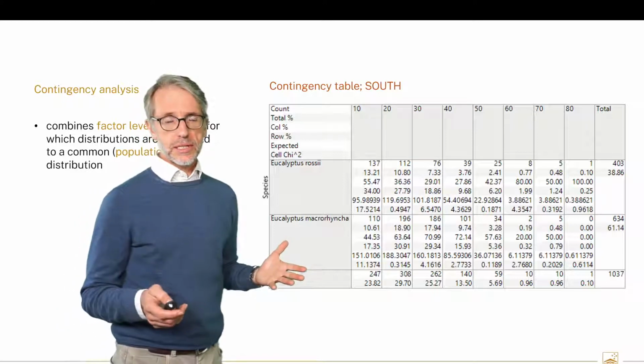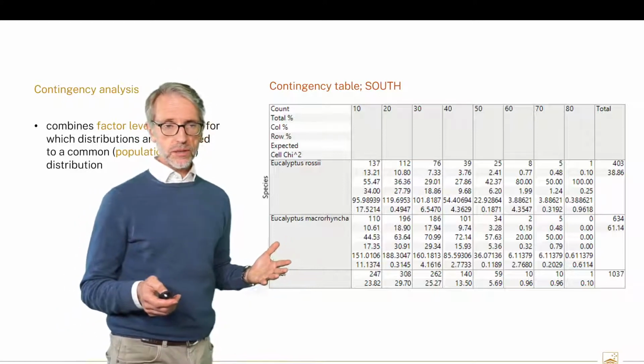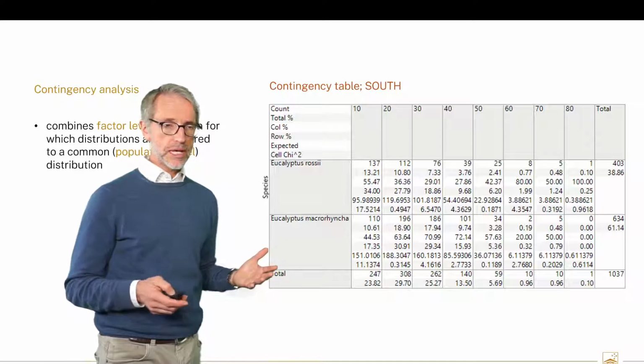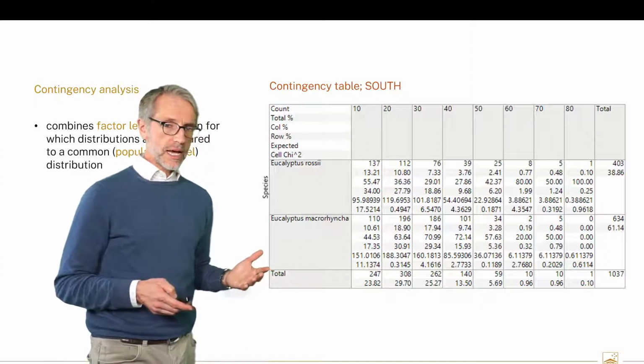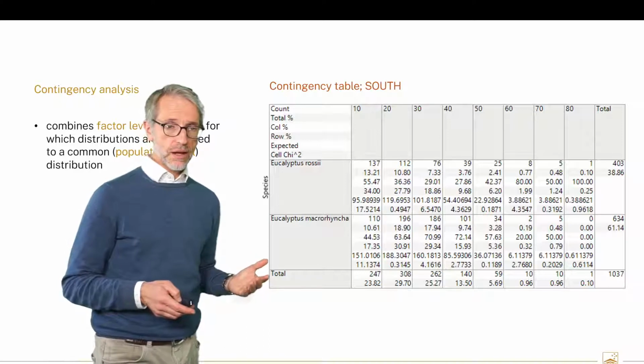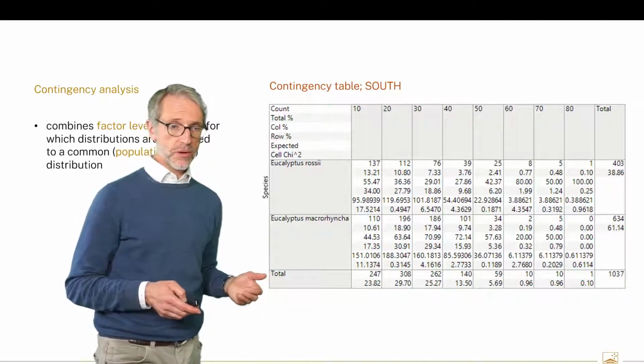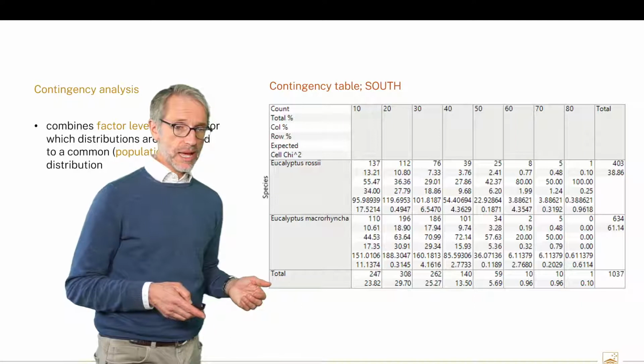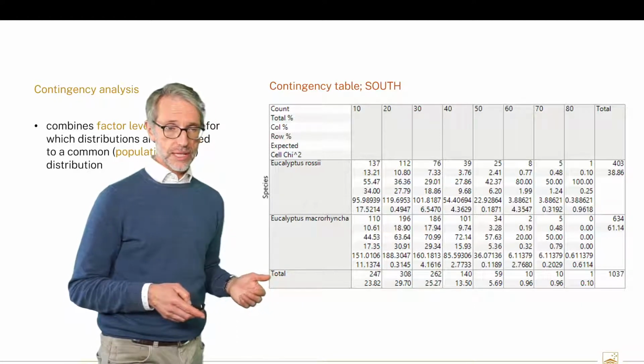Now, this is a contingency table, and while it looks perhaps a little bamboozling, a contingency table is really very straightforward. It's really just a set of summaries of frequencies, both absolute frequencies and relative frequencies in terms of percents.